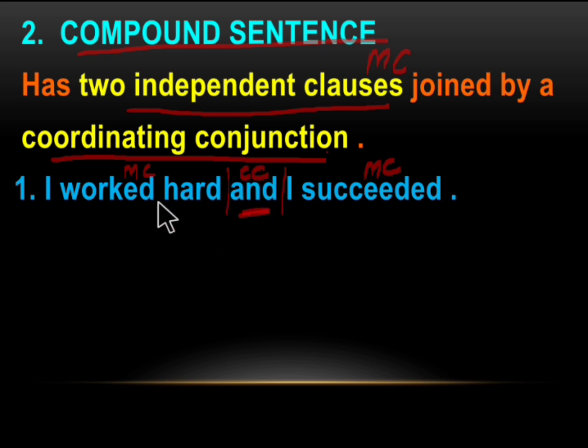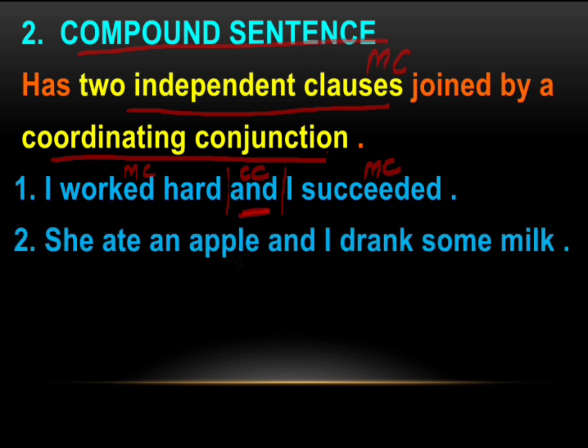Coordinating conjunctions join two main clauses, and this coordinating conjunction is a conjunction which is present in the compound sentence. The next example, she ate an apple and I drank some milk. She ate an apple is one main clause. I drank milk is another main clause, and this and is the coordinating conjunction.